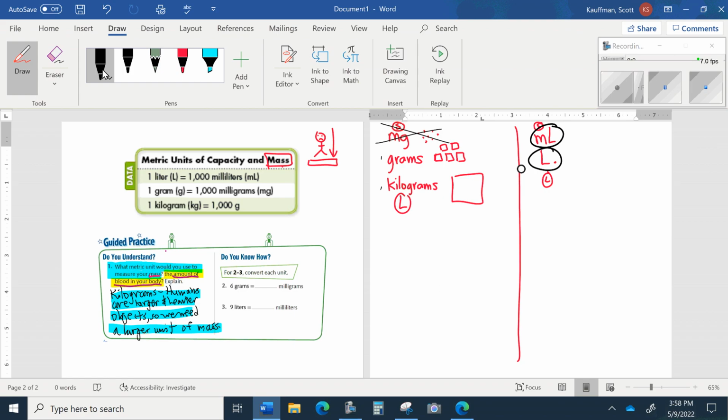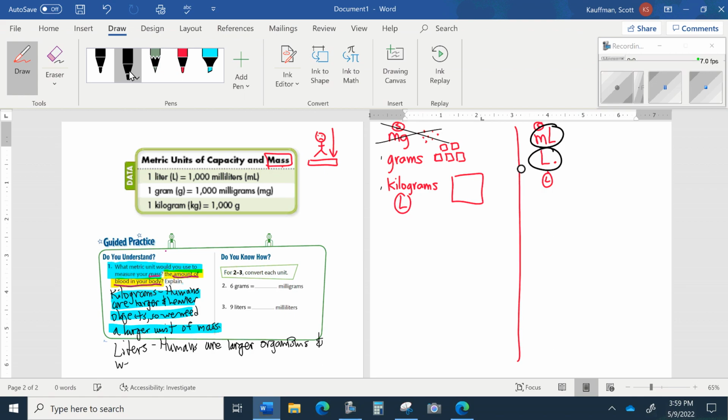Well, if you said a larger measurement, I would agree. Okay, so I would say liters. And for the same reason, I would say humans are larger organisms. We'll use a fancy science word we learned.